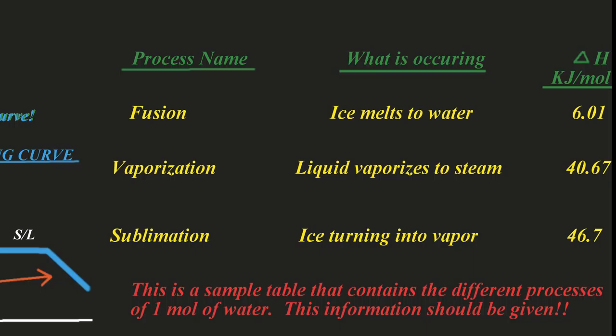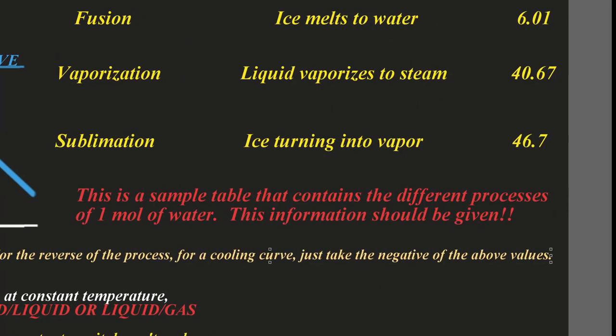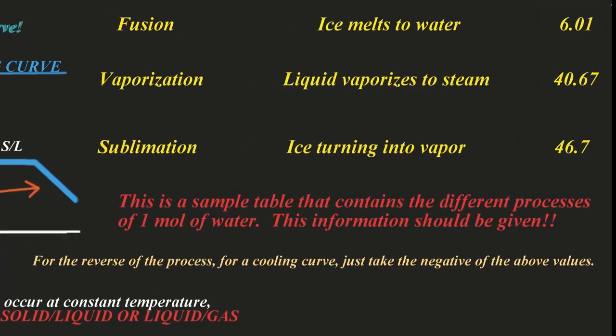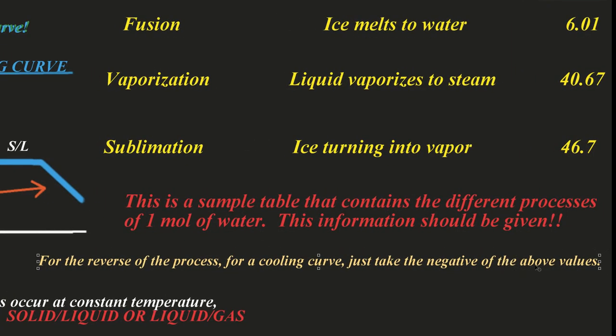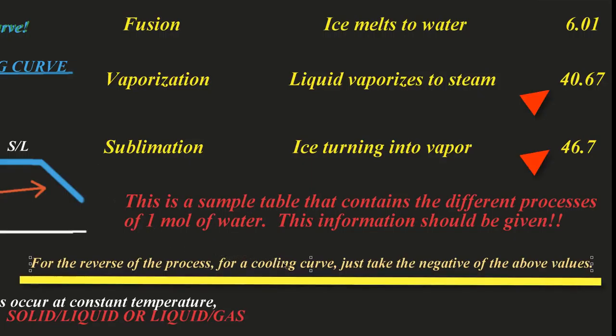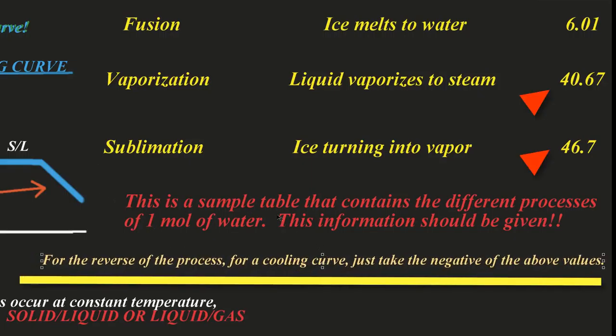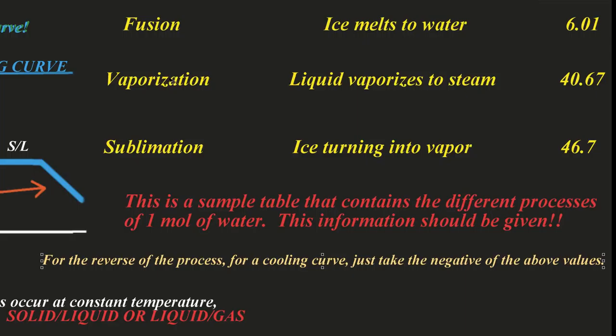And if we're looking for the reverse of the process, let's say we're doing a cooling curve, then you just take the negative of these values because it's just the reverse of the process there. So if I'm going from gas to liquid, if I'm condensing, it'd be a negative 40.67.